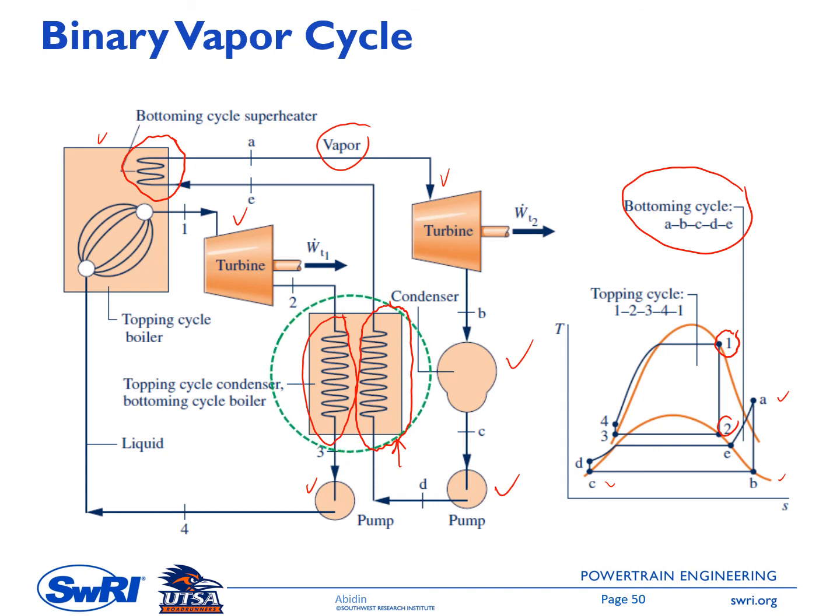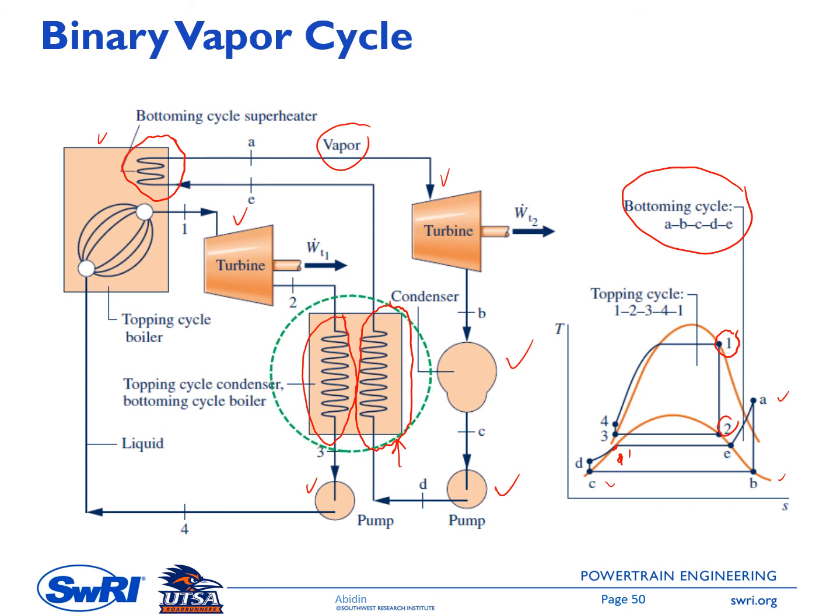And you can see the horizontal line here connecting state 2 to state 3. This is actually the process inside the condenser of the high temperature cycle. And then the horizontal line connecting E, and let me put here D prime, connecting E and D prime, and then D here.